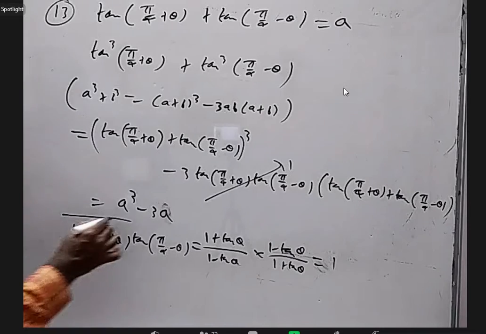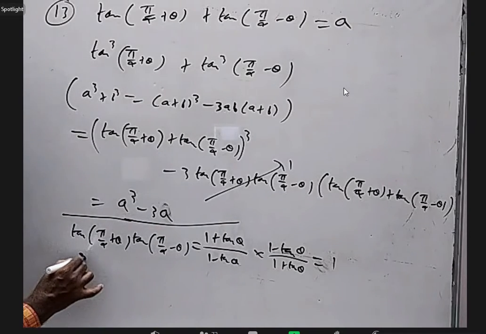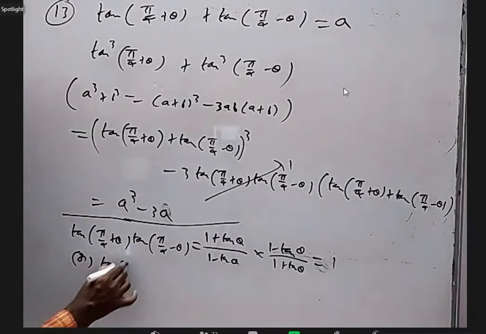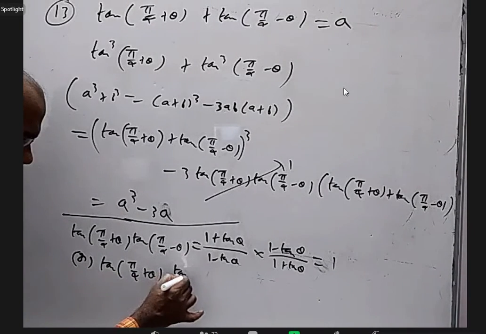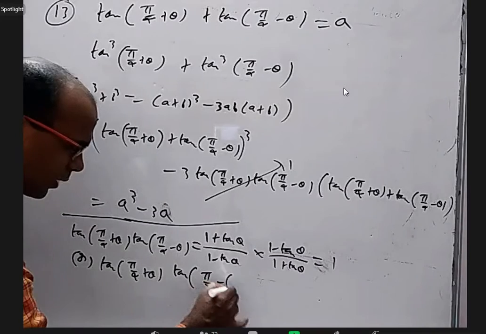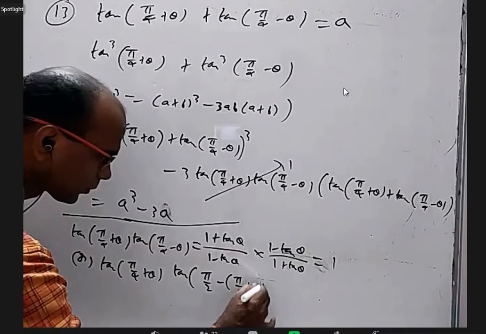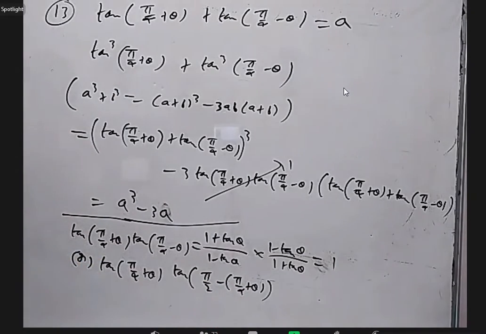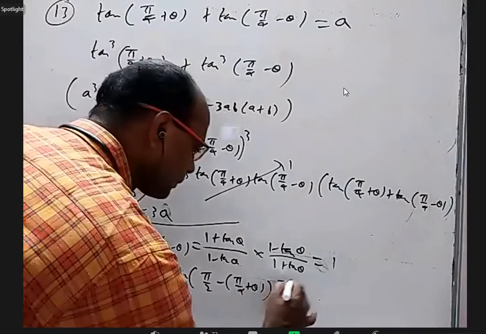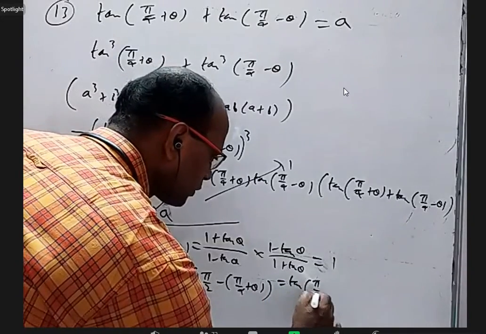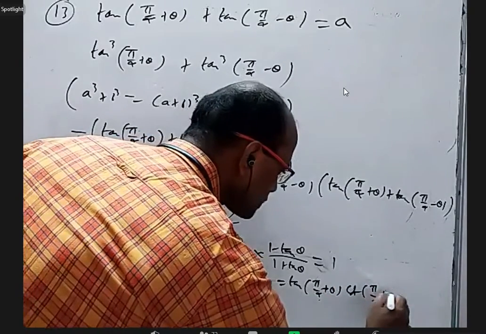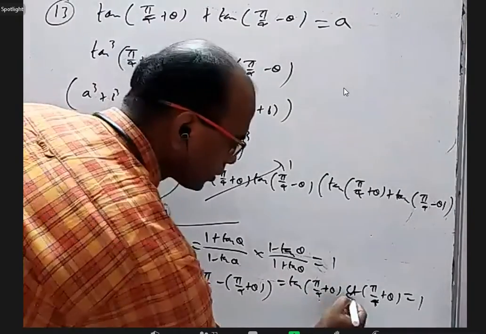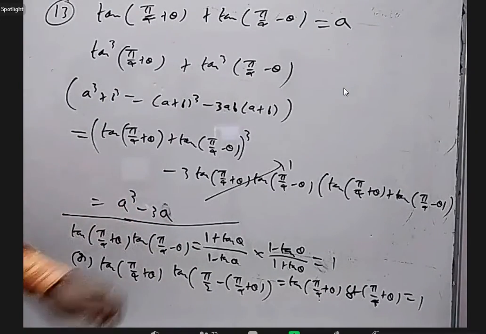So you can write tan pi by 4 plus theta, and pi by 4 minus theta can be written as 90 minus pi by 4 plus theta, which is cot of pi by 4 plus theta. So tan pi by 4 plus theta into cot pi by 4 plus theta will be 1. So either this way or this way the product is 1.